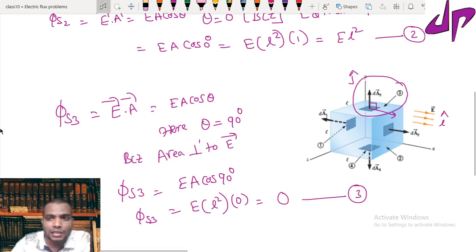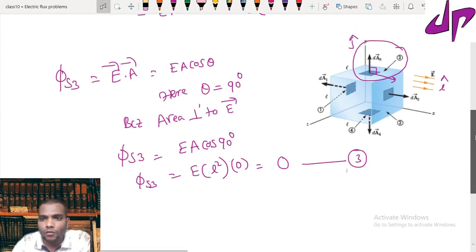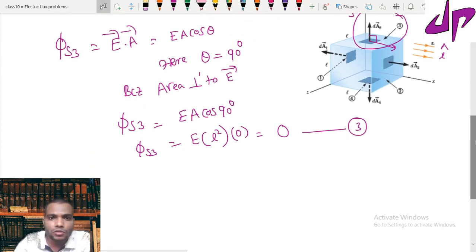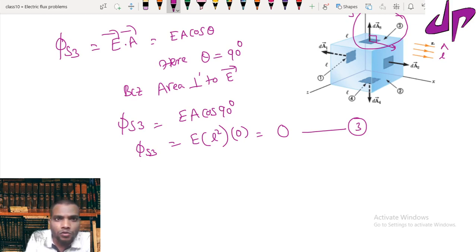That is the third. Now we need to figure out the flux through surface 4. By seeing the symmetry, you can understand that surface 3 and surface 4 are opposite, and not only that, the area vectors are also opposite. Therefore let us see what the flux is.